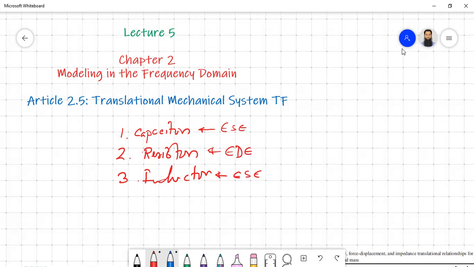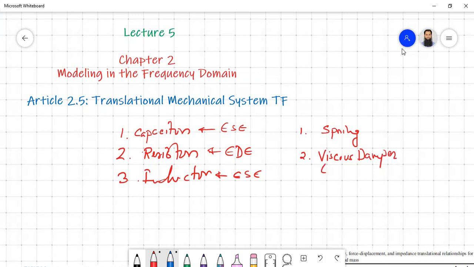Similarly, in the translational mechanical system, we also have 3 components. One is called spring. The second one is viscous damper, or friction.